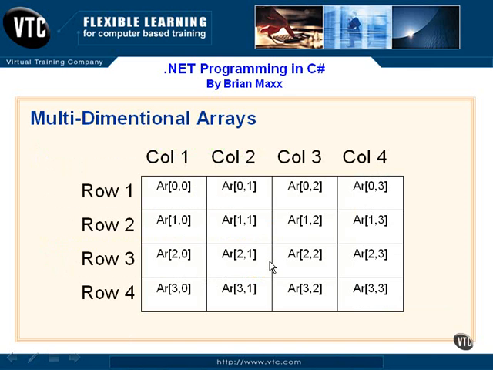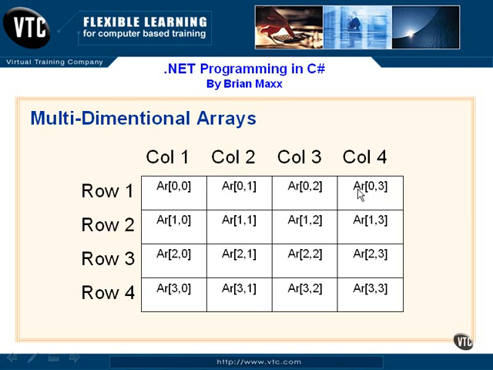You can also have multi-dimensional arrays. And this just means that you have rows and columns, and if you created an array and then you wanted to reference it, this is how you would do it. AR open bracket and then your 0, 0. You can see as we move across here, the right side here, this is going to be your column. So the first column would be 0, second column here, third column, etc. And you're always starting with 0.